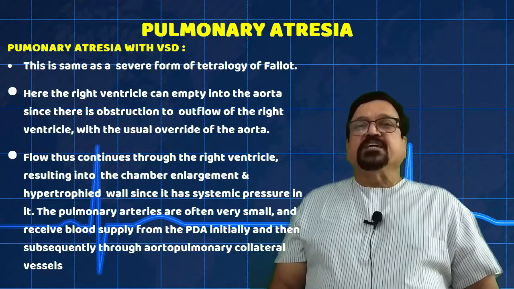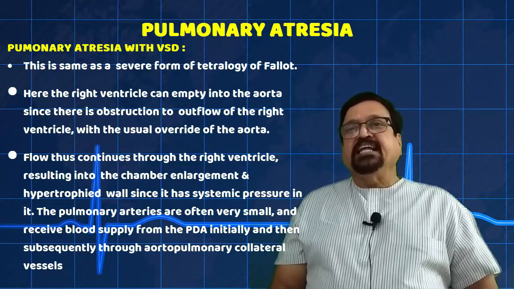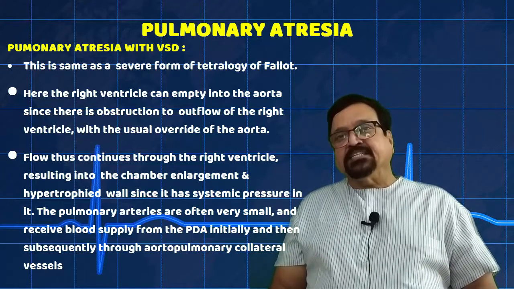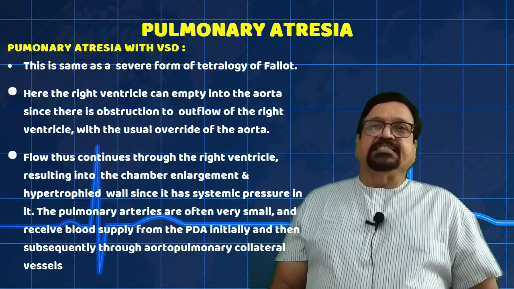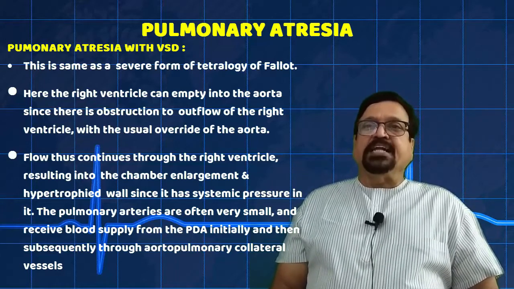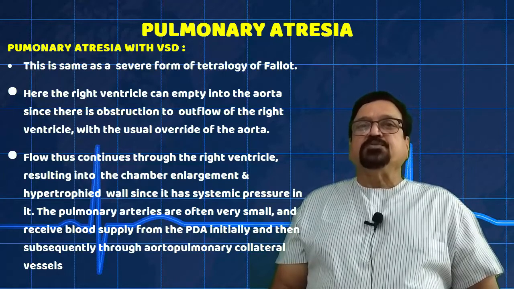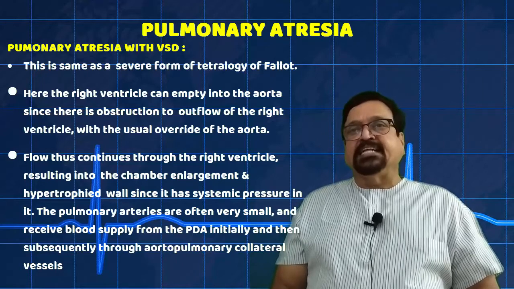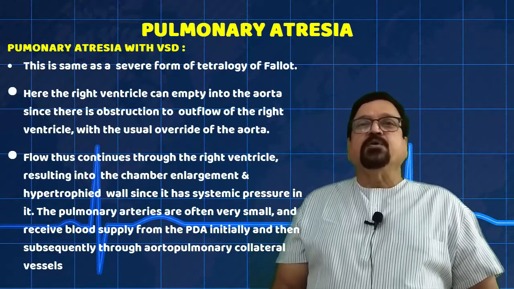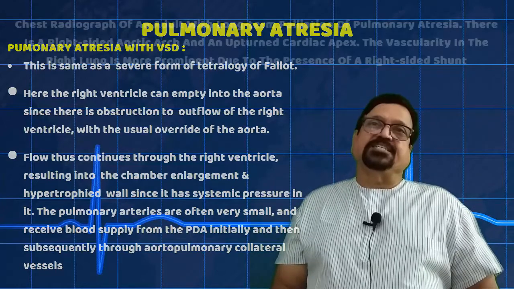Now flow thus continues through the right ventricle resulting in chamber enlargement, then hypertrophied wall. Since it has systemic pressure in it, the pulmonary arteries are also very small and receive blood supply from the PDA, that is patent ductus arteriosus, initially, and then subsequently through the aortopulmonary collateral circulations.